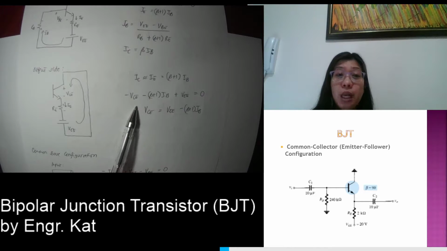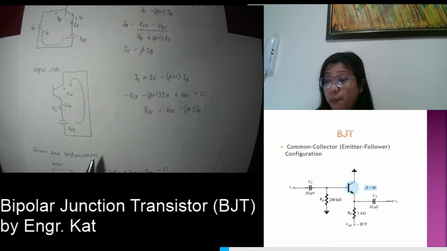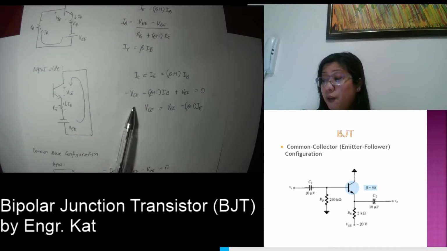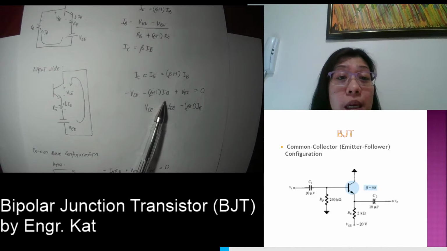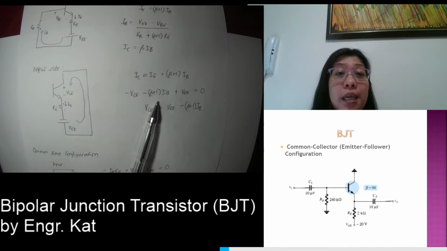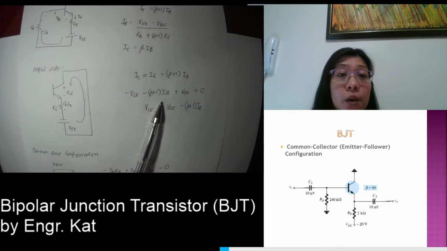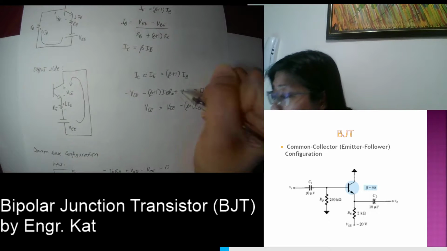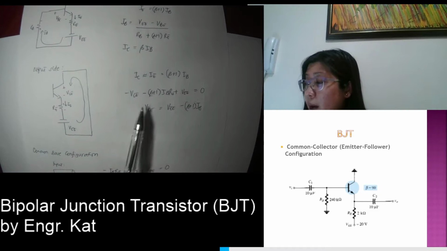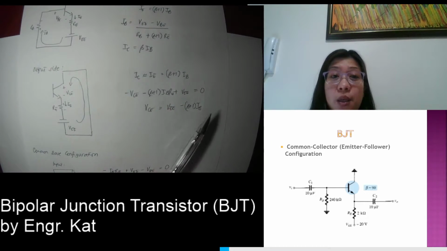Anyway, substituting that in our formula and performing KVL here, you have minus VCE, minus beta plus 1 IB multiplied by RE, plus VEE is equal to 0.